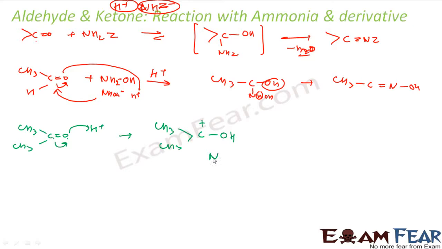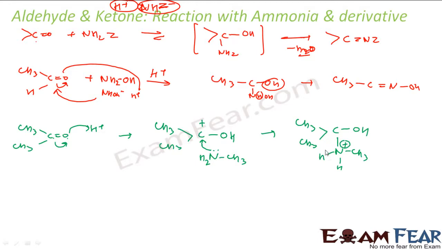Now on this, let's suppose I am using NH2CH3. Nitrogen has a lone pair. So this lone pair will get attracted towards this carbon. Right? So what it will form is CH3, CH3, C, OH, NH2 and CH3. Now since this nitrogen gave electrons to this carbon, nitrogen will get a positive charge.